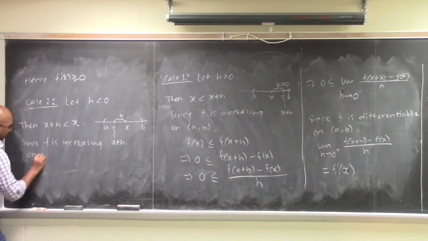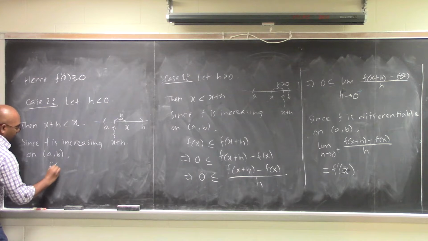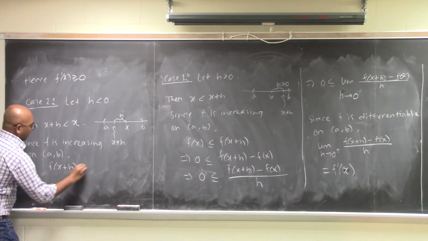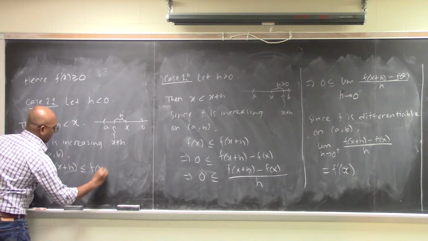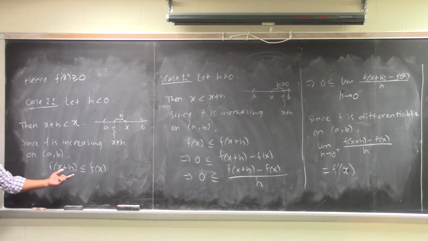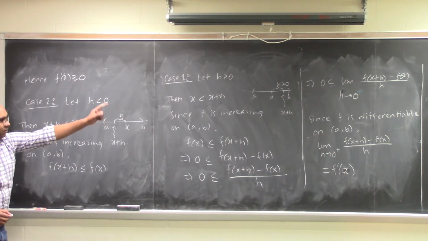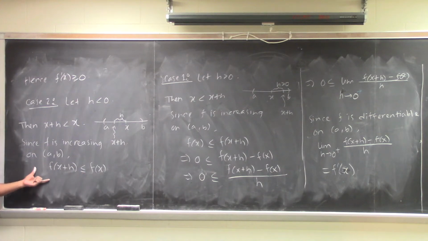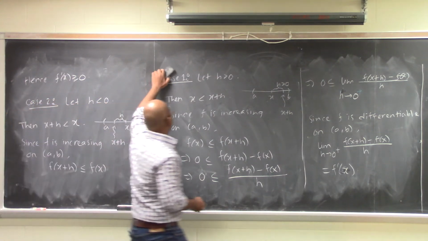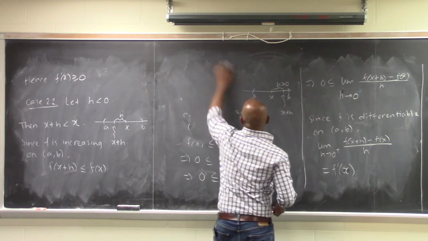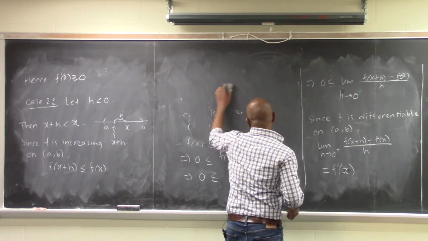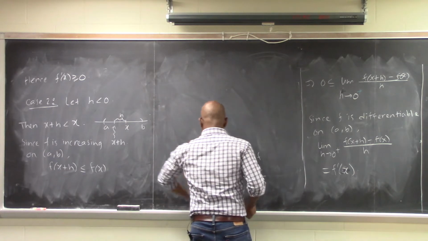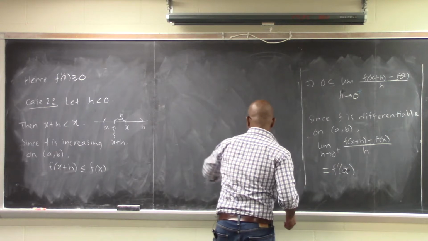on this interval a to b, what do we have? Bigger inputs will give bigger outputs. So f of x plus h is less or equal to f of x. Okay, and as we did before, we have to form the difference quotient here. So we'll subtract f of x from both sides and divide by h, and then we'll take the limit, and then we'll be done.